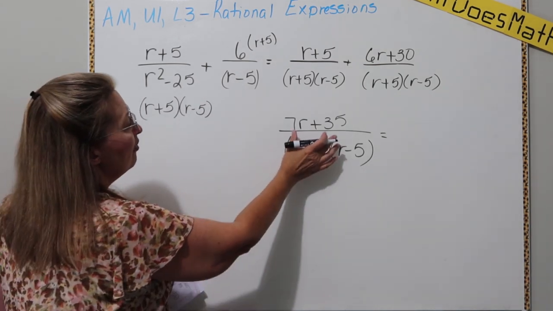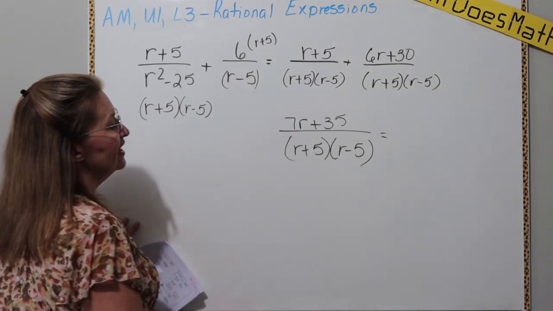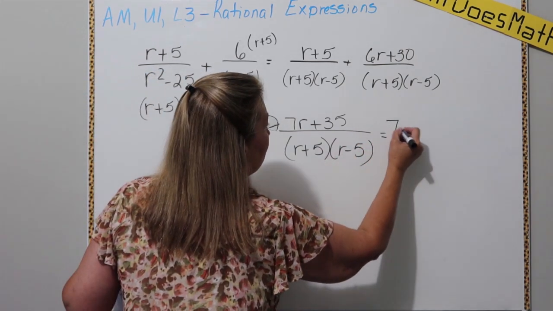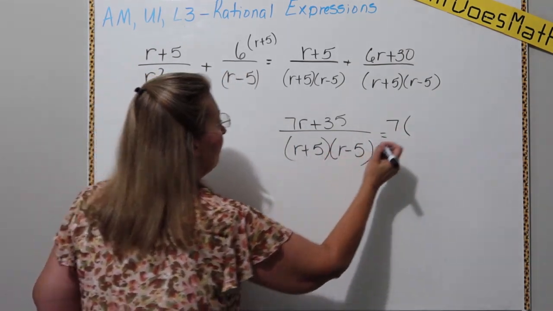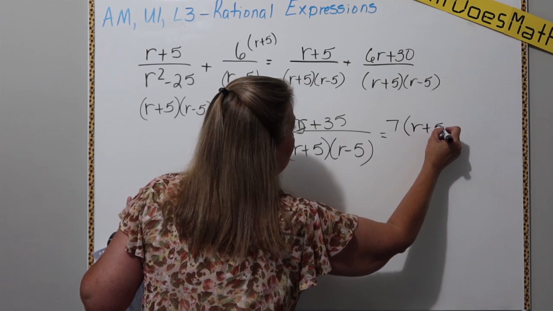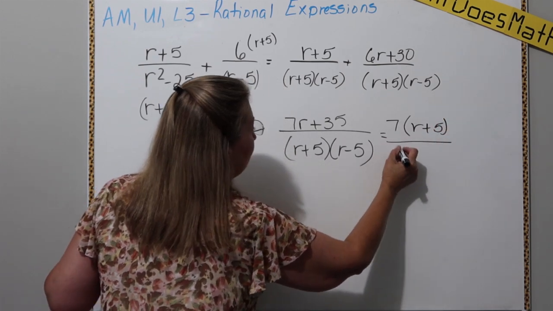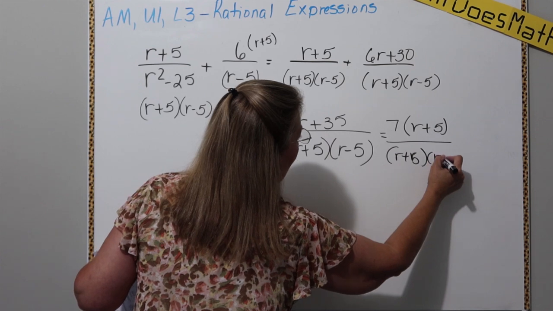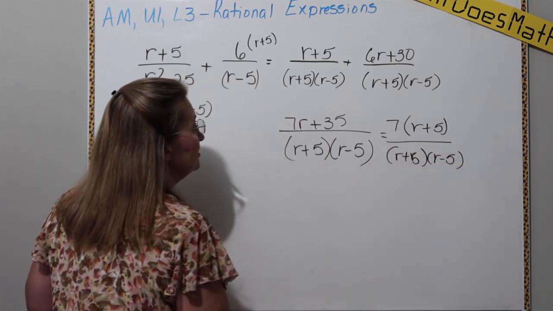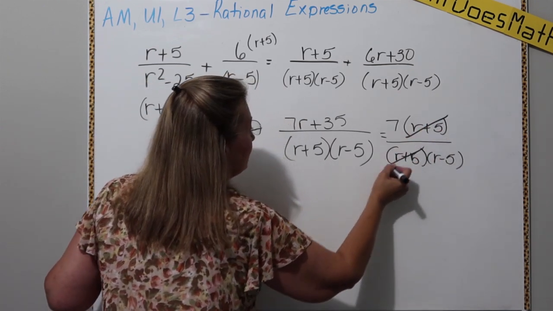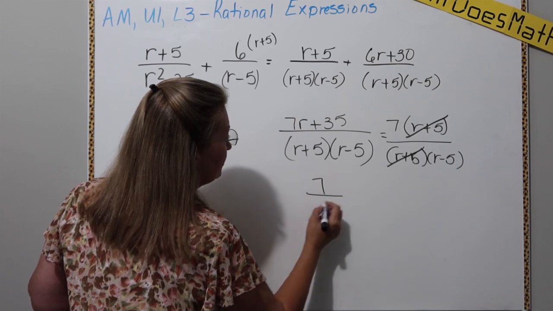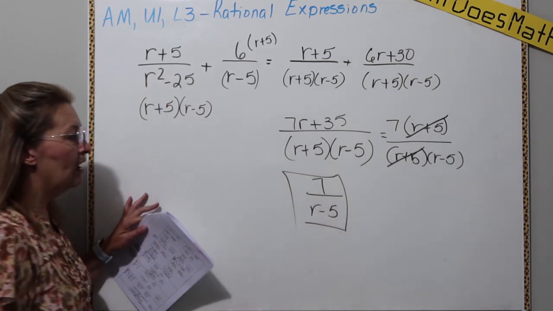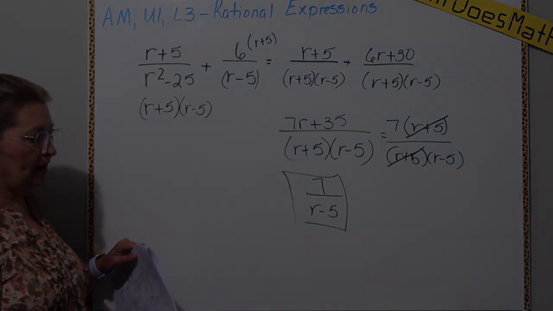So is there a common factor between 7r and 35? Yes. 7 goes into both of them. So I'm going to divide that out. And now that gives me r plus 5 over r plus 5 times r minus 5. So you see, now these two things cancel out and your simplified answer is 7 over r minus 5.